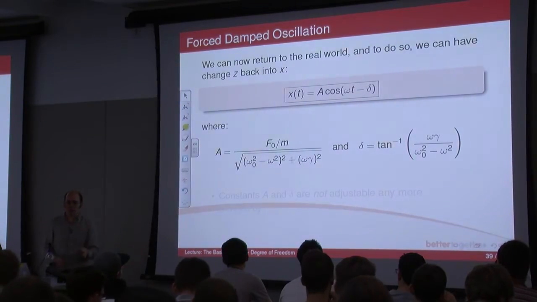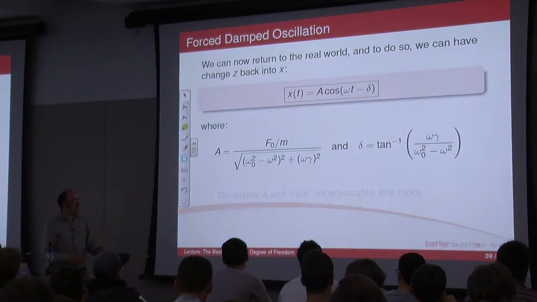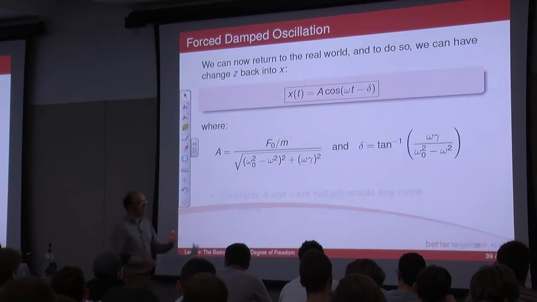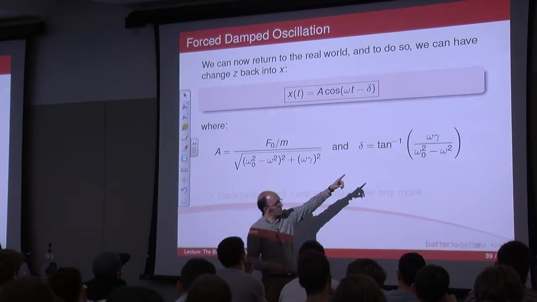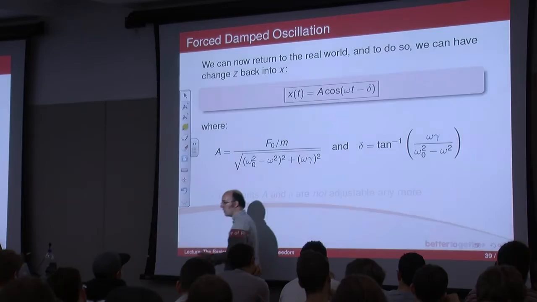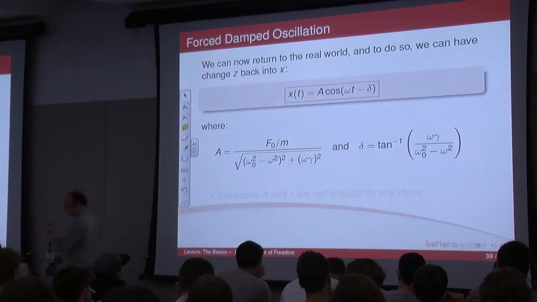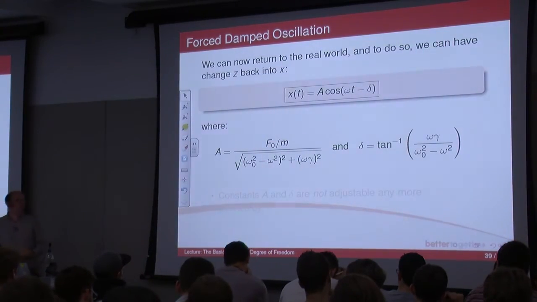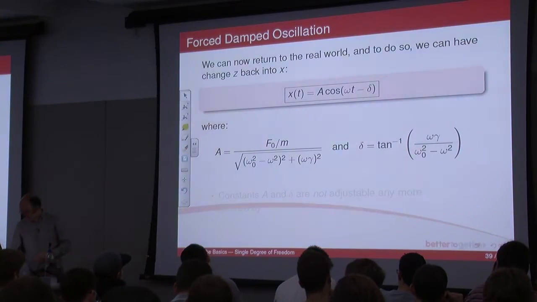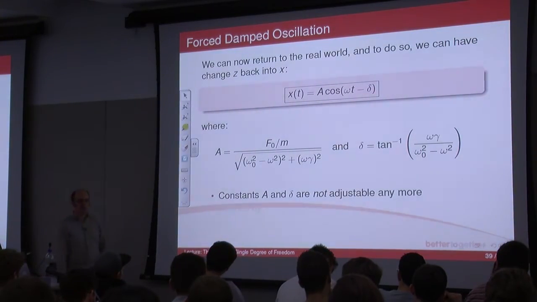A is completely reliant on the system. And the same thing with delta. Delta's just got omegas and gammas in, and you know all those things. They're related to the system and the force you're applying to the system. So they are no longer adjustable.